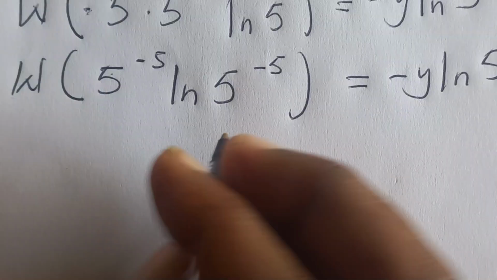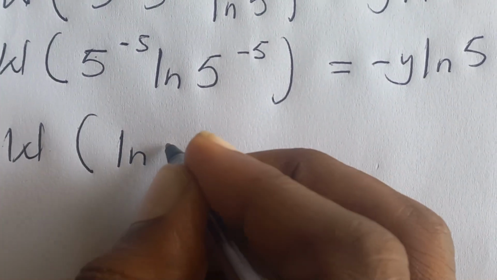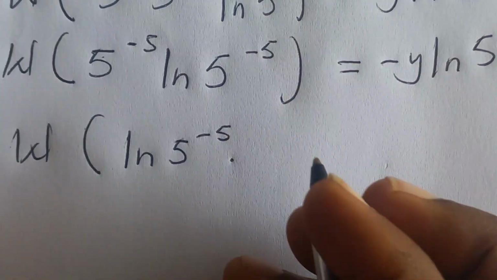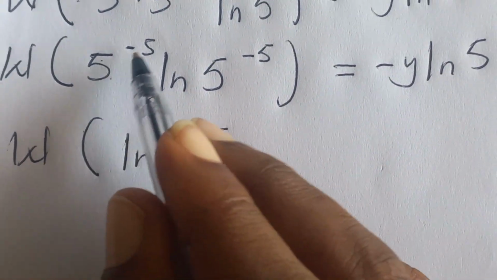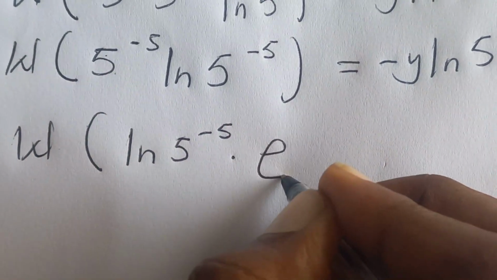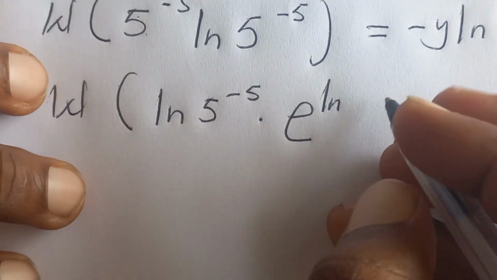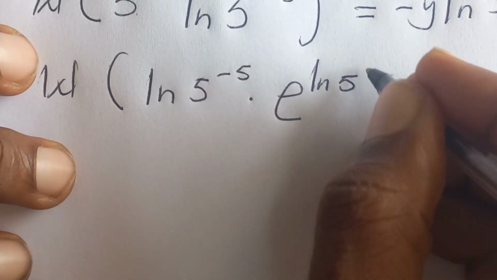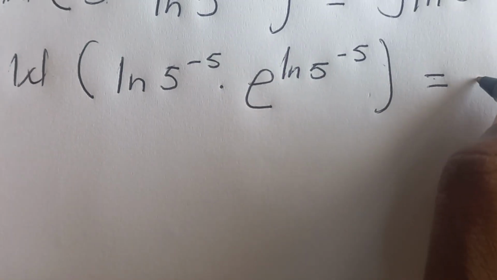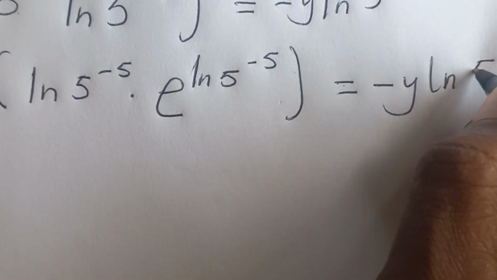So we are going to get W function of negative ln 5 exponent negative 5, multiplying by, now this 5 exponent negative 5, we can rewrite this as e to the natural log of 5 exponent negative 5, into bracket is equal to negative y ln 5.